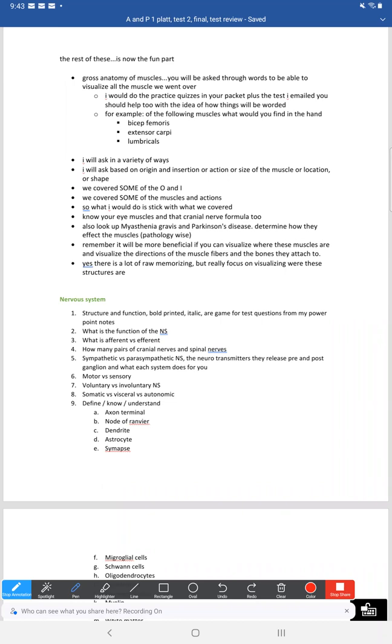And this bullet right here says stick with what we've covered. Sometimes, and believe me, it's easy to do, you can go down these rabbit trails. You're studying the muscles of the hand, and then all of a sudden you're watching surgeries on the hand because it's cool, and you did that for like 3 hours, and we covered none of that stuff, those surgical procedures with the hand. And then you come and it's like, I studied for 3 hours.